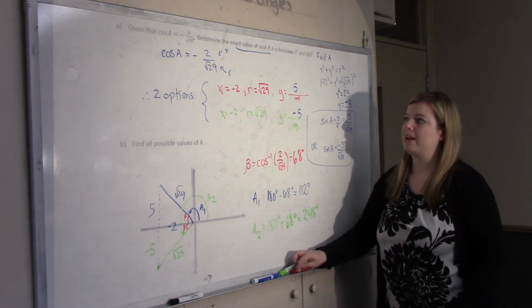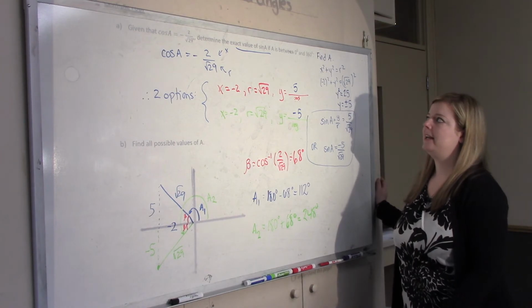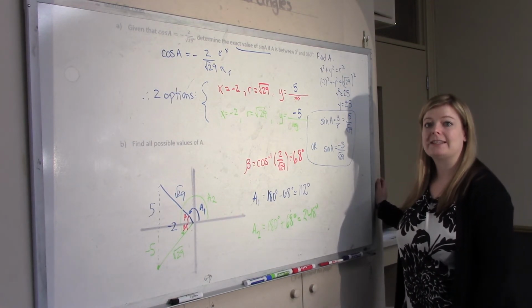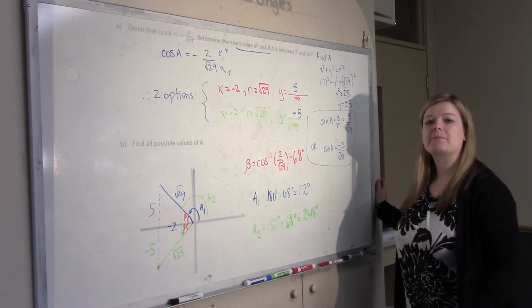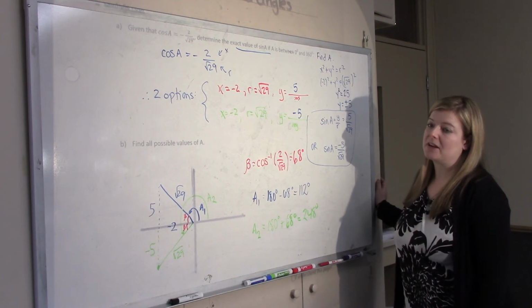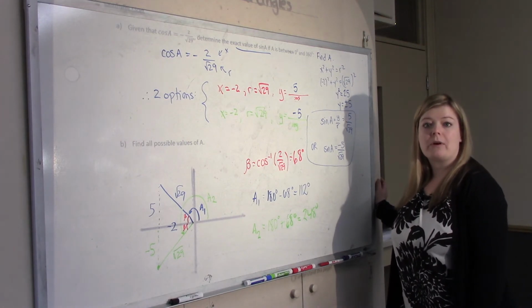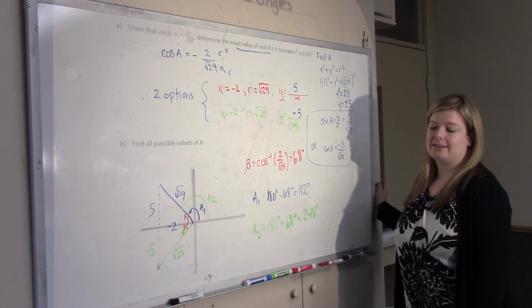So given that cos of A is negative 2 over root 29, and A has to be between 0 and 360 degrees, there are two different possibilities for A, because you don't know whether y is positive or negative, so those are both possibilities in your answer.